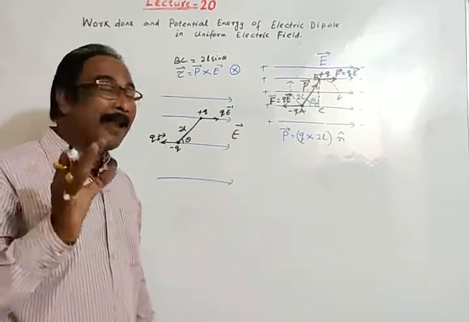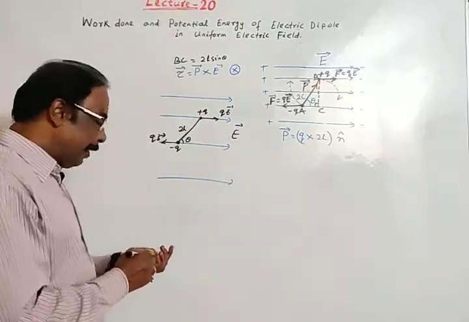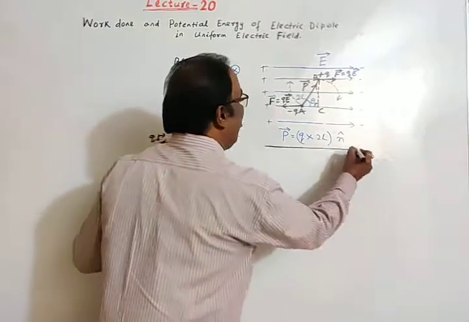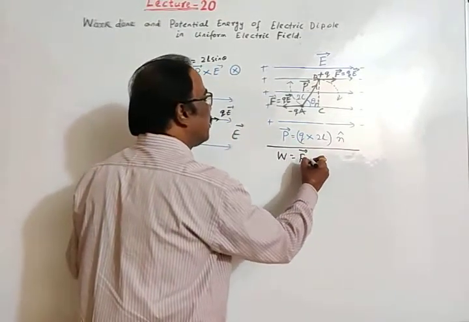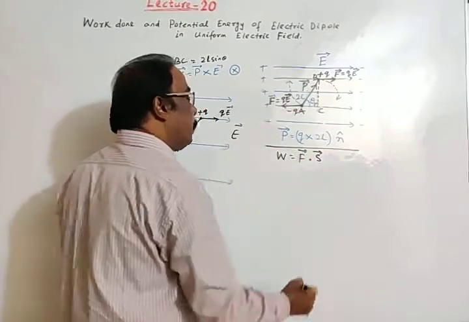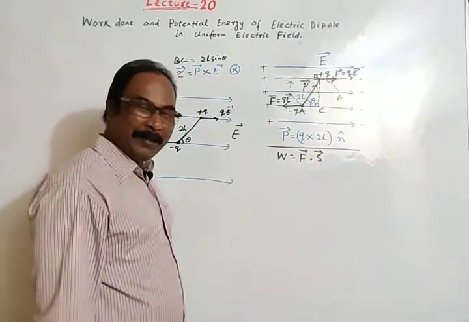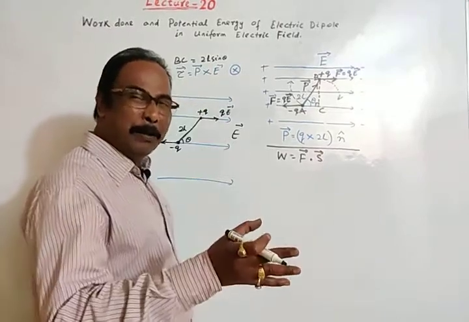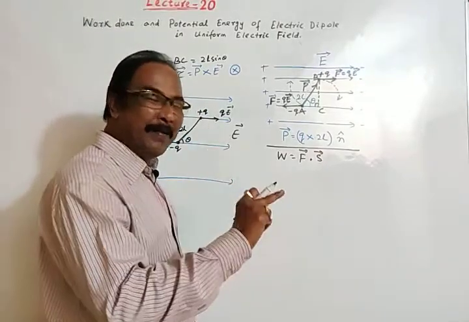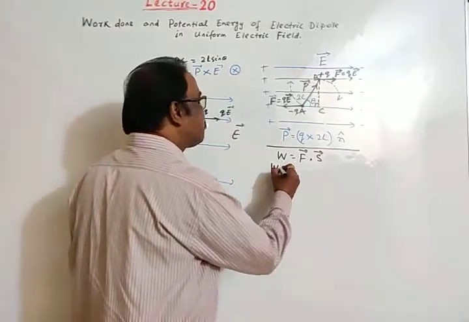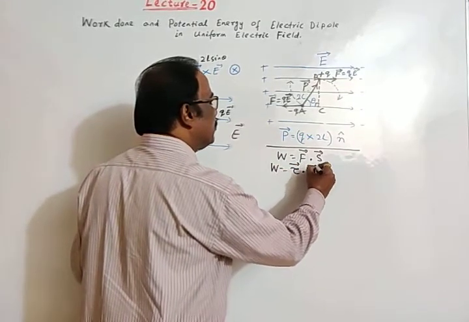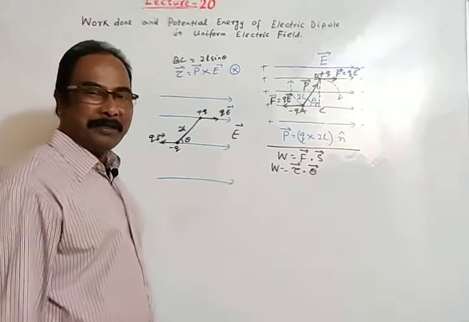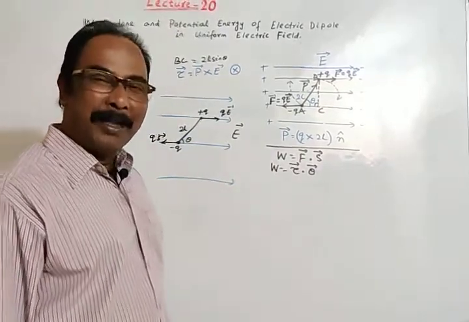Again I am explaining to you about work. In linear motion we take work as the dot product of force and displacement. In rotational motion, rotational work is taken as torque dot angular displacement.